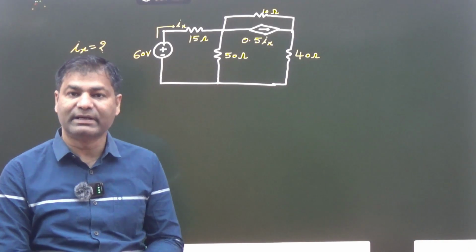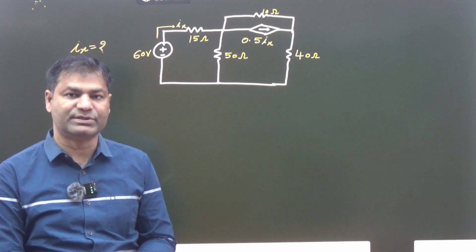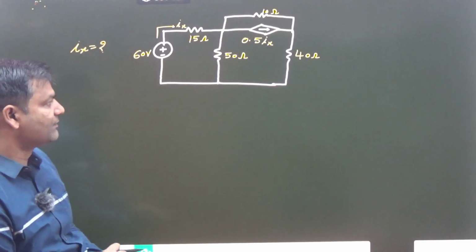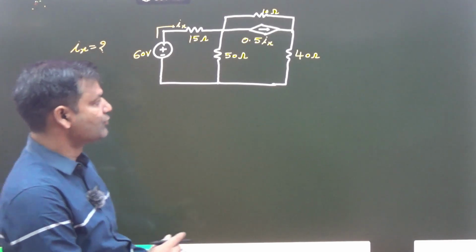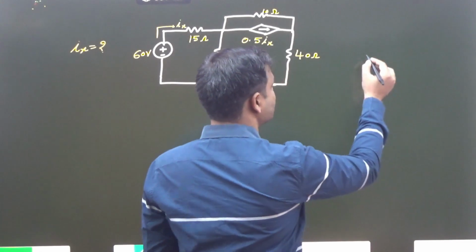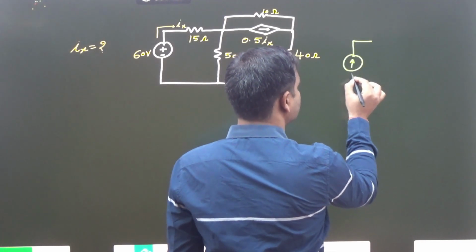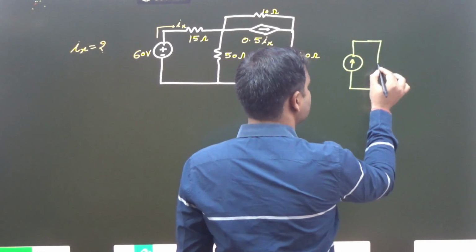Now our motto is to determine Ix with the help of source transformation. So how can we do it? First of all, a current source I with a resistance R connected like that.